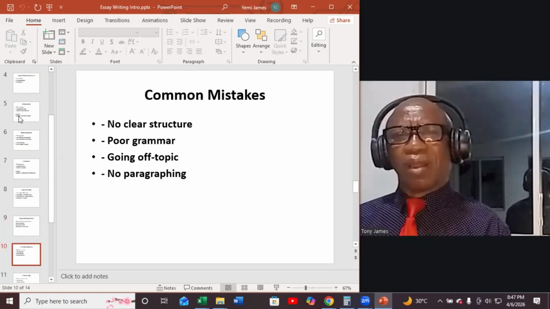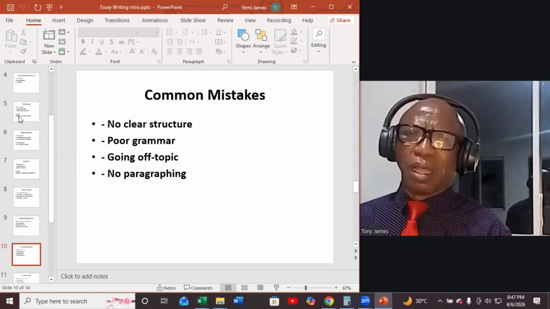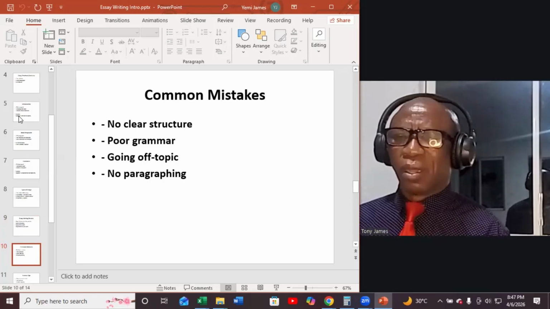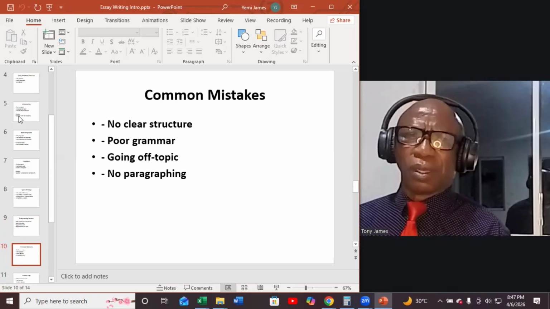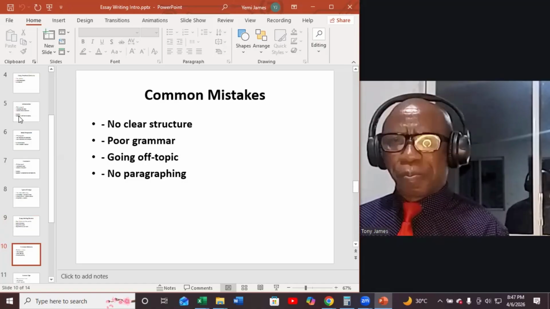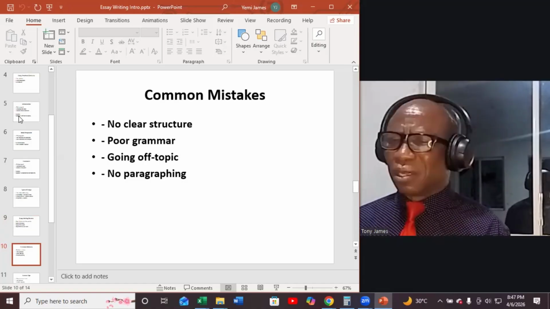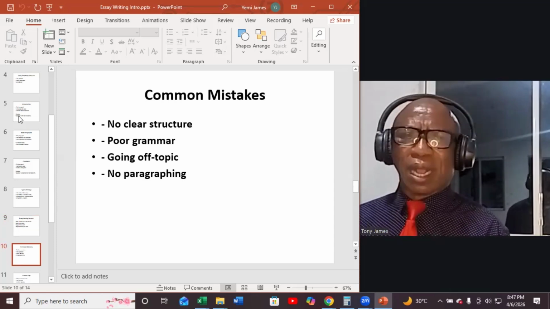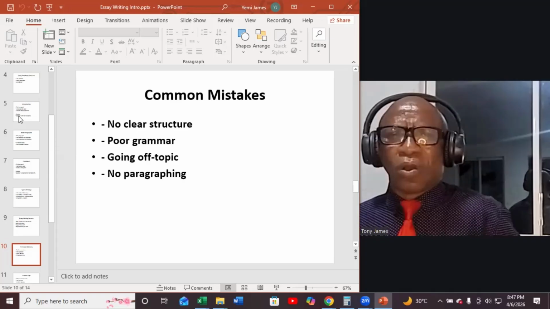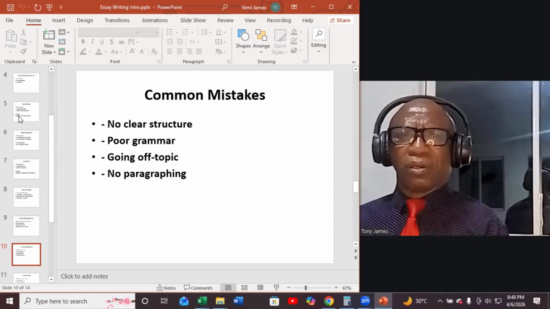Now let's look at the mistakes that students make when writing an essay. Don't forget, we are looking at the overview of essay writing. One of the common mistakes students make is no clear structure. In fact, when the examiner is marking a paper, he is on the lookout for your structure. And when he observes that you don't have the structure, you are going to lose marks, because he will see that your essay is lopsided, with no direction.